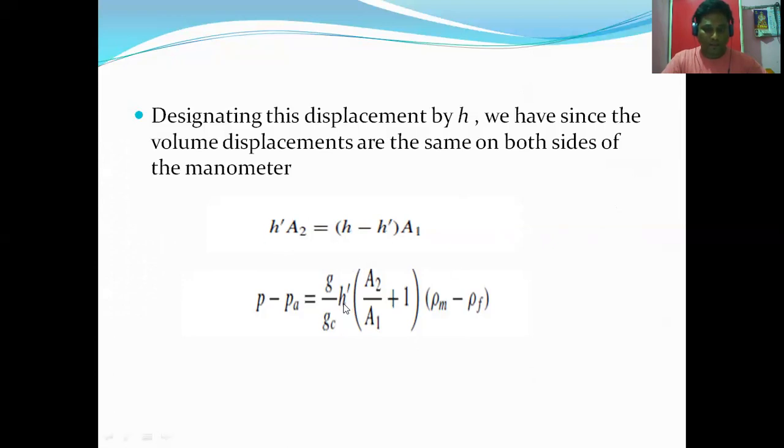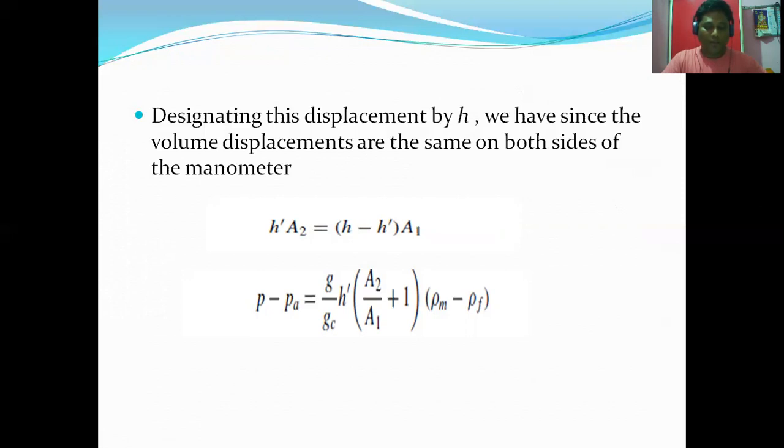Therefore, where the area ratio A2 divided by A1 is equal to 0.03, a true reading of 10 for h dash could be indicated as 10.3 as a result of the special scale graduation.